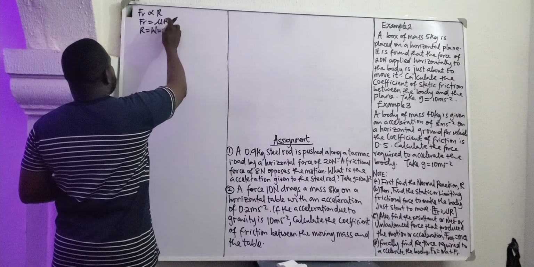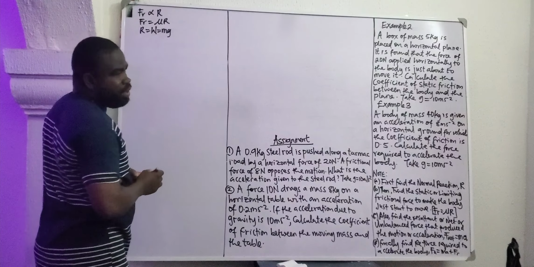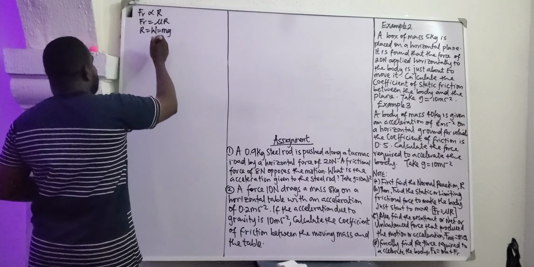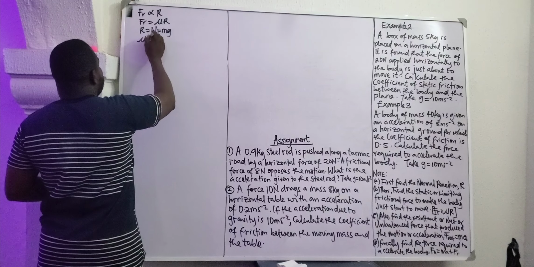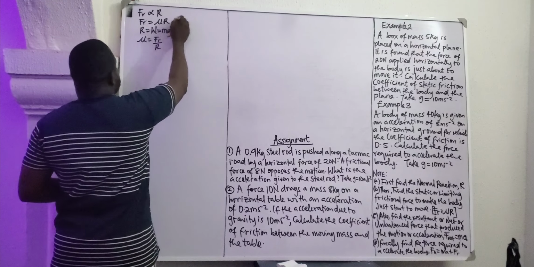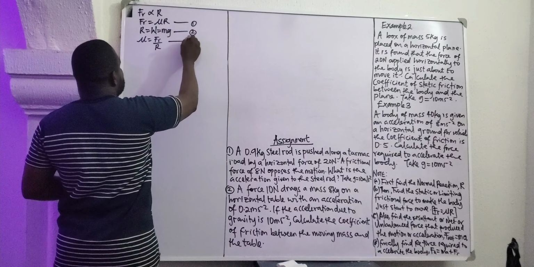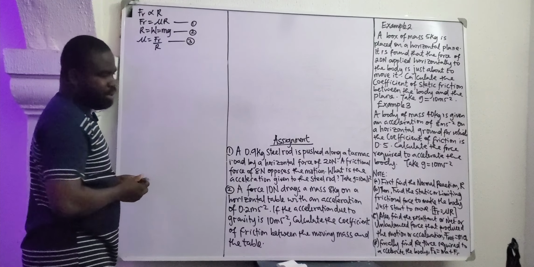Good. Then we also said that if you make coefficient of friction the subject of the formula here, you will have that coefficient of friction is frictional force over normal reaction. We call this equation 1, this equation 2, and this equation 3. So I'm continuing from here.